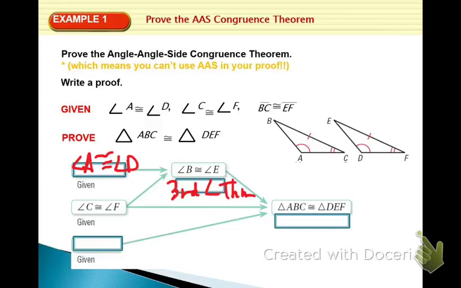Flow proofs are logical. These two statements, A congruent to D and C congruent to F, enable me to say, as shown by these arrows, that B is congruent to E, and that's by the third angle theorem. So we know that if that given goes there, then this other given has to be BC congruent to EF down at the bottom.